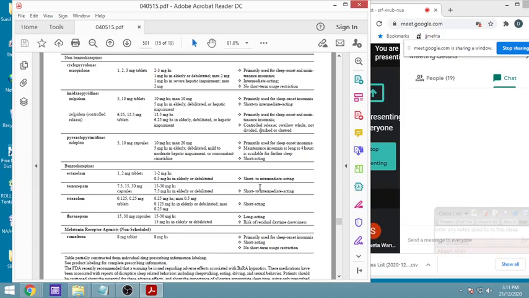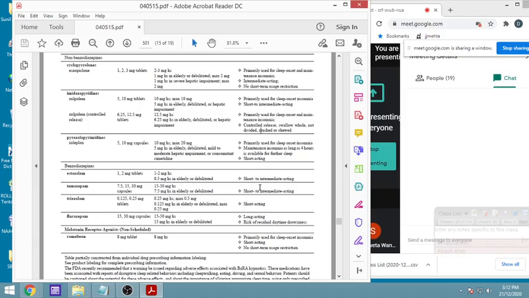Then temazepam is available as 7.5, 15, 30 milligram capsules. So the dose can be anything between 15 to 30 milligram in normal people, and 7.5 in elderly or debilitated people. It is also short to intermediate action.